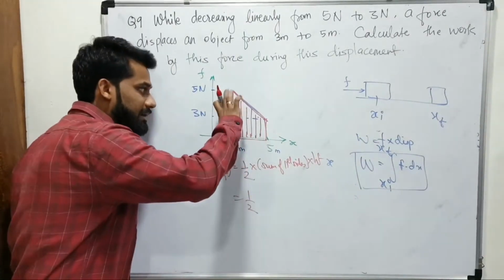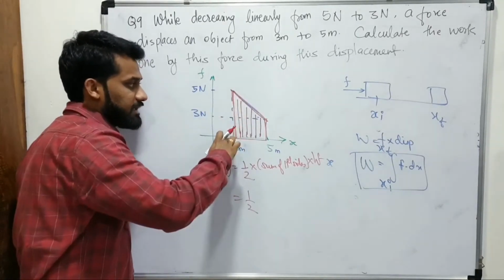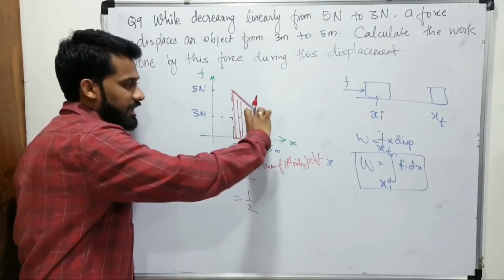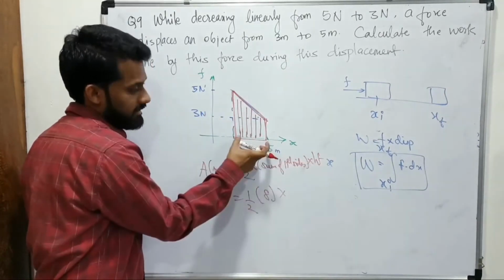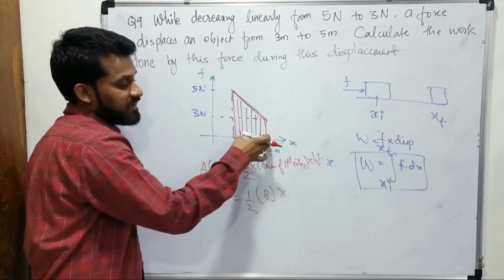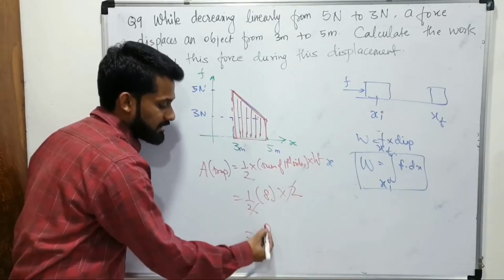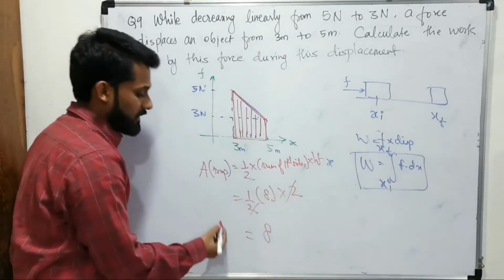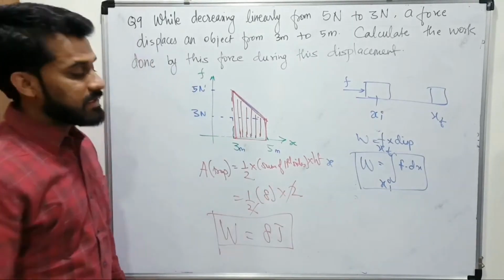What is the sum of parallel sides? This is one parallel side, this is the second parallel side. The first side length is 5, and the other one is 3. 5 plus 3 is 8, into what is the height? Height means the distance between the parallel sides, which is 2. 5 minus 3 is 2. So 2 will cancel, the answer is 8, and the area is nothing but work. So work done in this process is 8 joule. So the answer is 8 joule for question number 9.